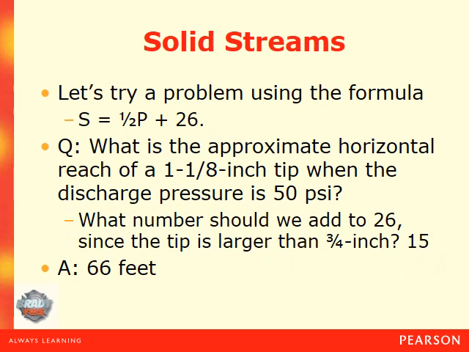Okay, so let's go ahead and try working this problem. What is the approximate horizontal reach of a 1 1/8 inch tip where the discharge pressure is 50? So our reach is always S, and that's 1/2 times the pressure.